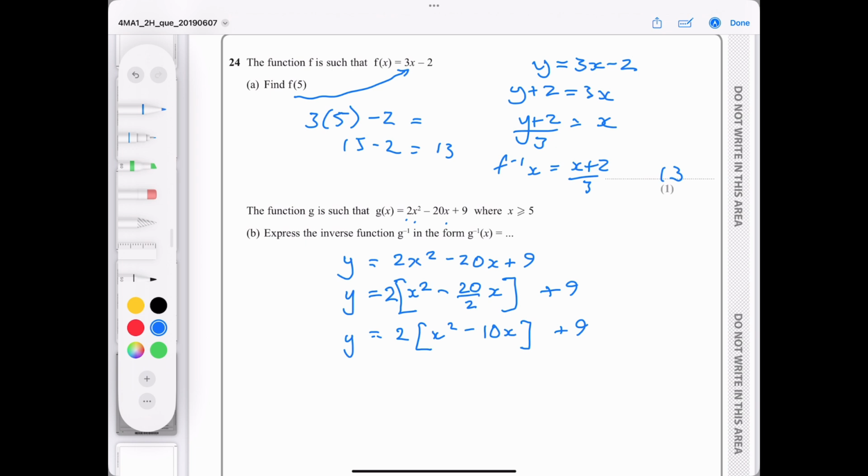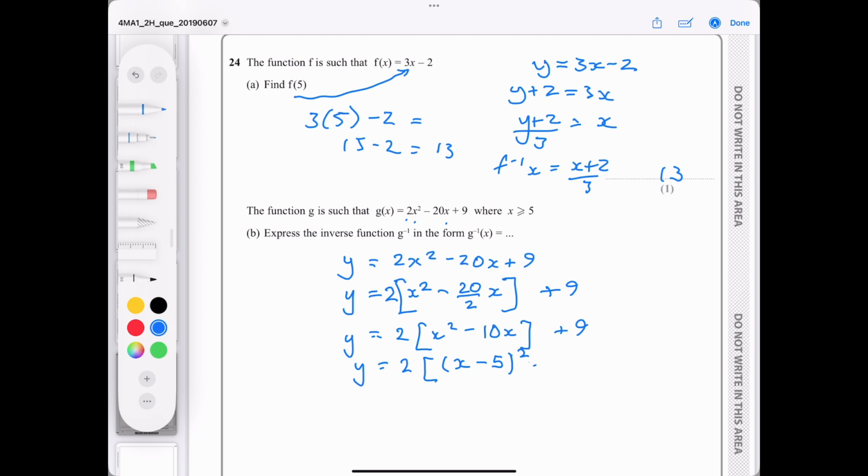Now, the next stage is when we're going to complete the square for what's in the brackets. So we'll say y equals 2, then we'll say x minus 5, and to complete the square, you halve the coefficient of x, okay? And then you put a little square there. Now, if you were to do x minus 5 times x minus 5, what you'd get is x squared minus 10x, but you'd also get an extraneous plus 25, because we know that minus 5 times minus 5 is 25.